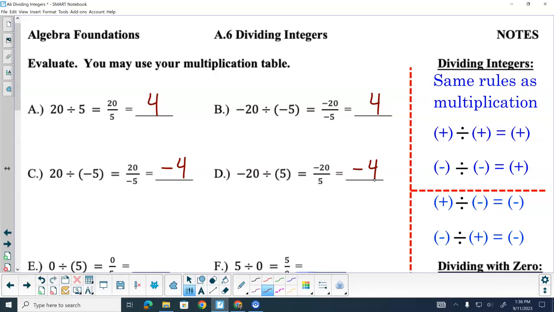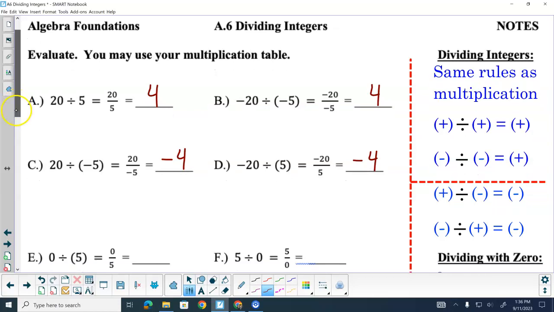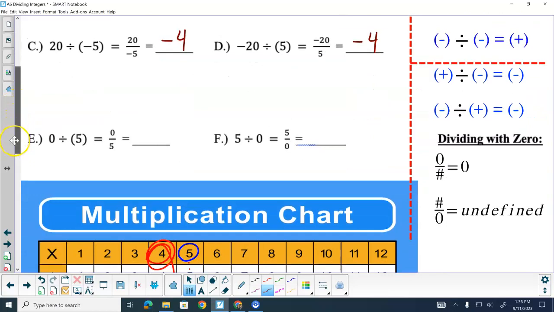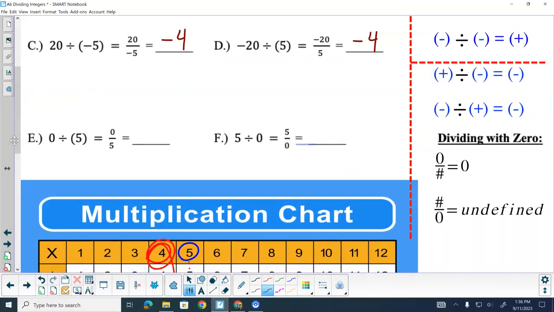Notice here, too, that division problems can also be written as a fraction, and fractions are division problems. Then we've got E and F. 0 divided by 5, that's my zero on top, 0 divided by some number.